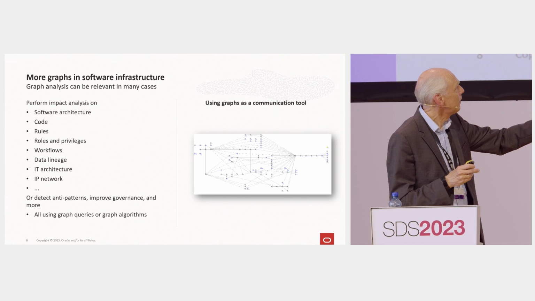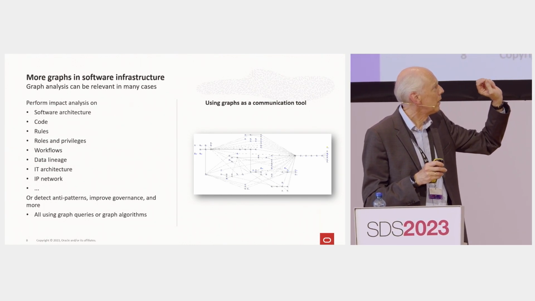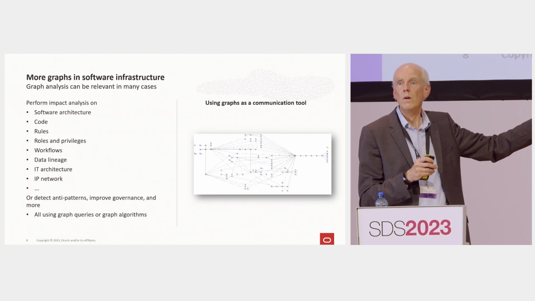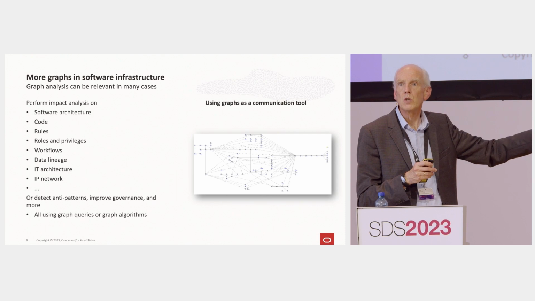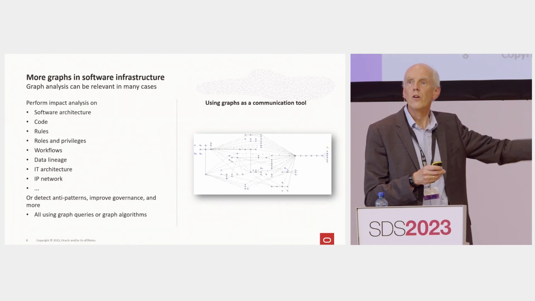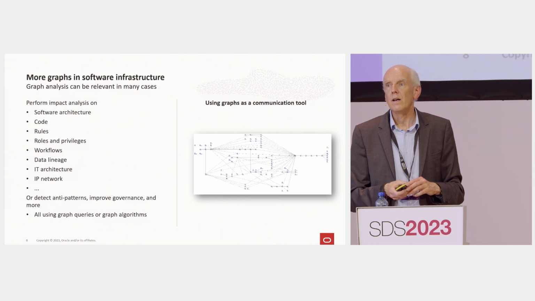And last but not least, as you can see on the right-hand side, you can also use graphs very nicely as a communication tool, right? For discussions between developers and architects, for example, or to convey security things very easily. That's one little side effect of what graphs are useful for.